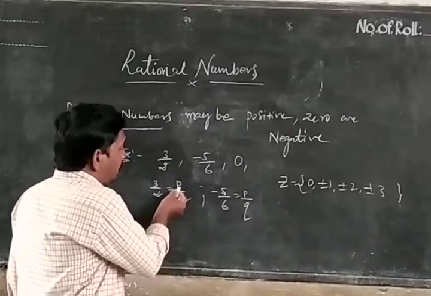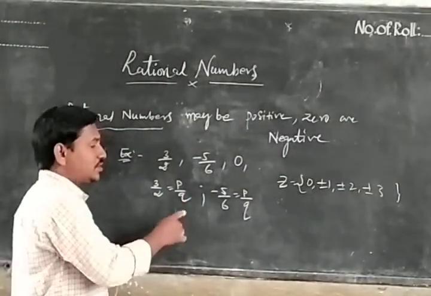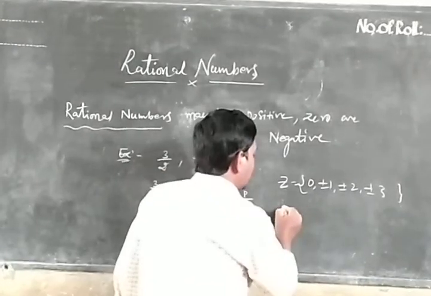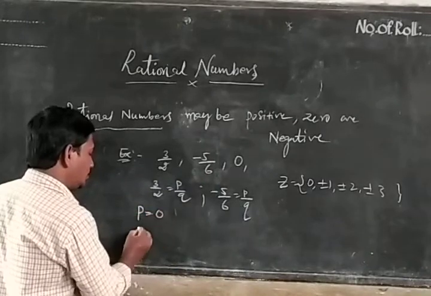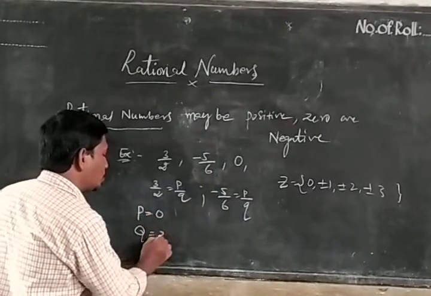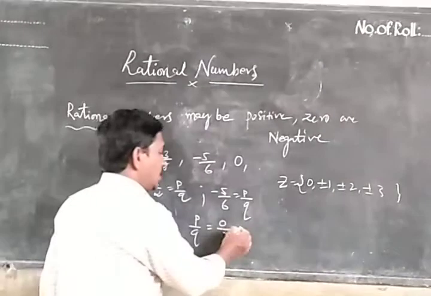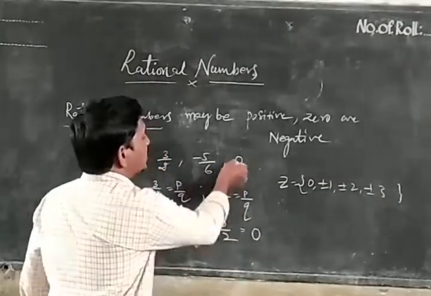Here p and q are integers, q not equal to 0. So p can be 0. Take p equal to 0, q equal to 2. Now p by q equals 0 by 2. 0 by anything is 0. That's why 0 is in Q.